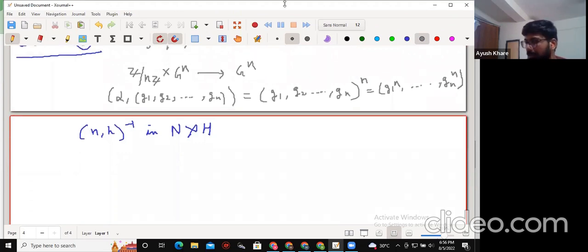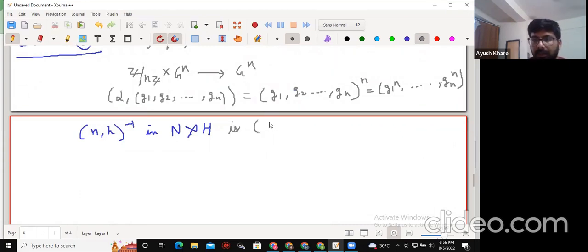So is any one of you able to compute it? What's the inverse? I'm just writing it. You guys should be able to verify it.